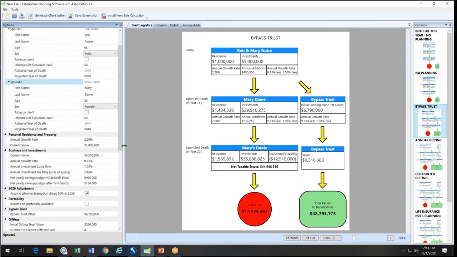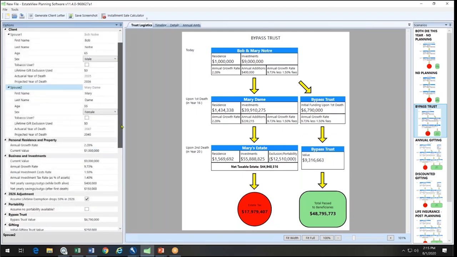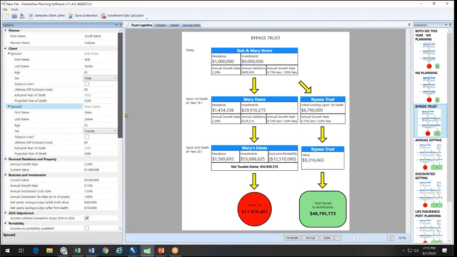Alan, let me interrupt. Sure. Alan, one of the things, when you use the commercially available programs and they do their illustrations, they always use the individual's life expectancy, and they use out-of-date mortality tables. So if you have someone age 70, their life expectancy is 14 years. So the commercial programs will do a projection over 14 years.